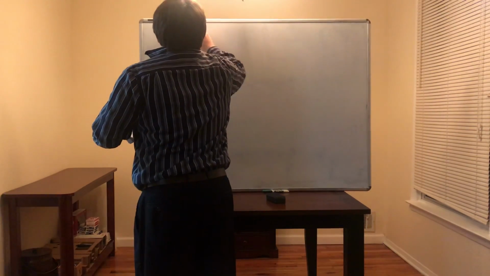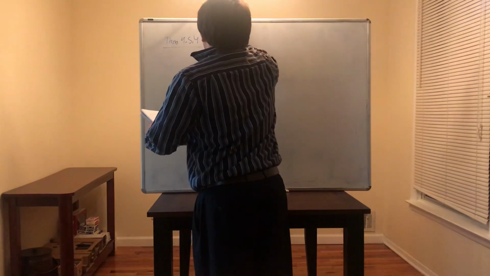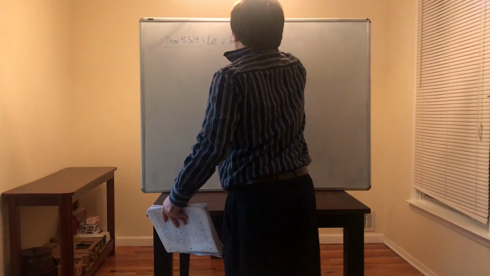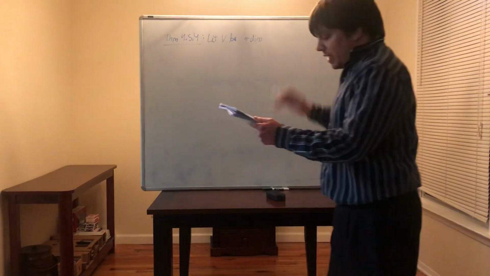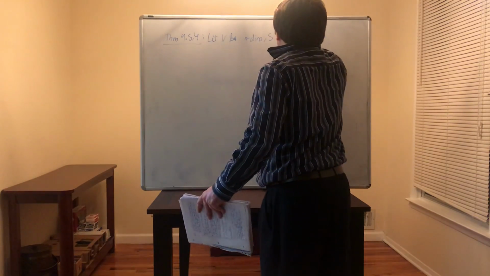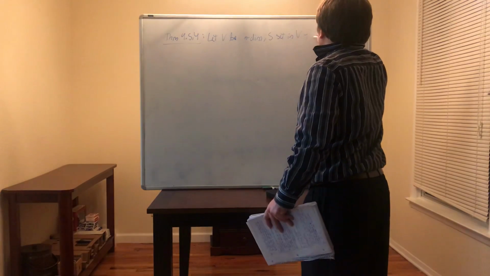So theorem 4.5.4. Let capital V be an n-dimensional vector space, and S is a set in V with exactly n vectors.